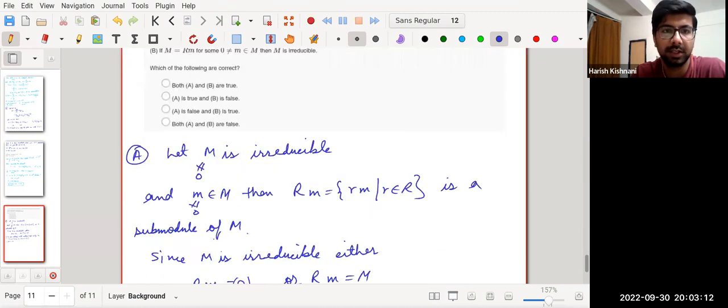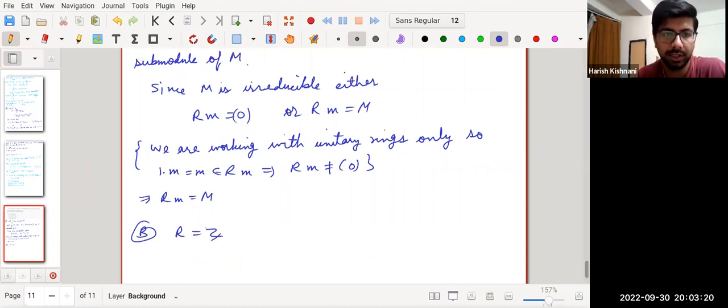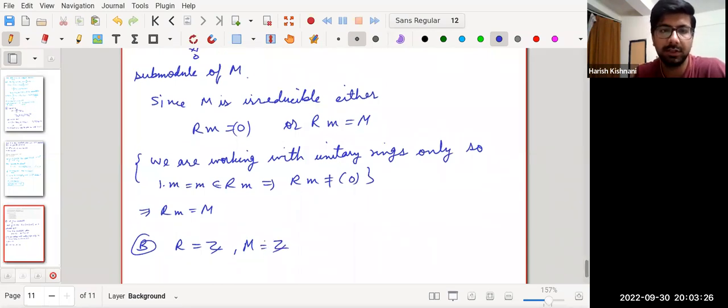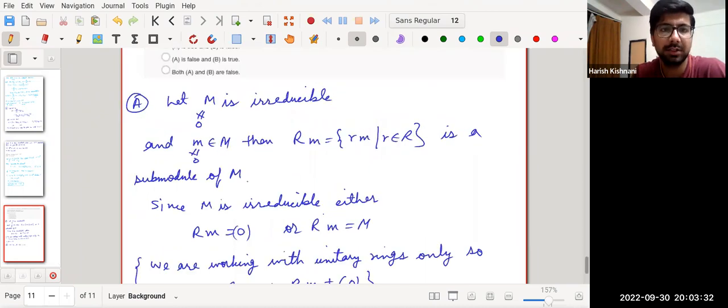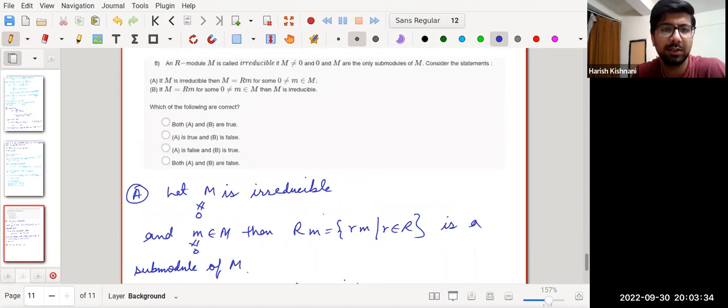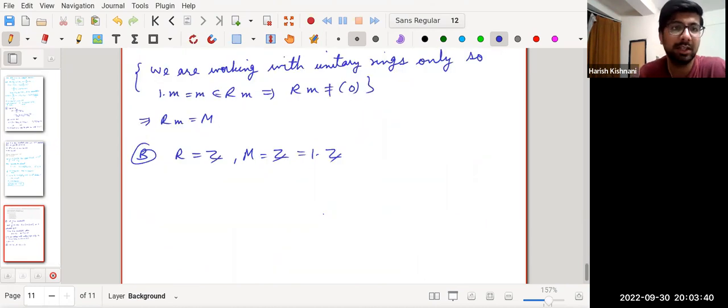Now for B, pick R to be Z and M to be Z. You can see that Z is just Z·1, generated by 1, which is non-zero. But is M irreducible?